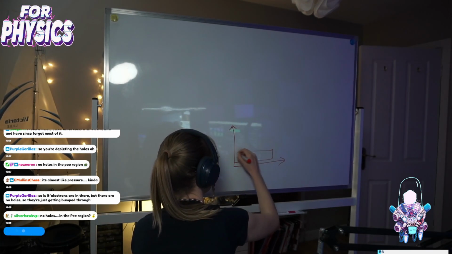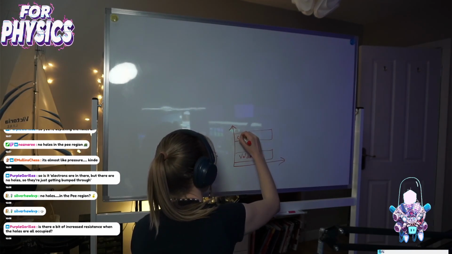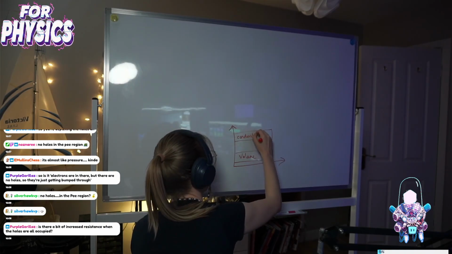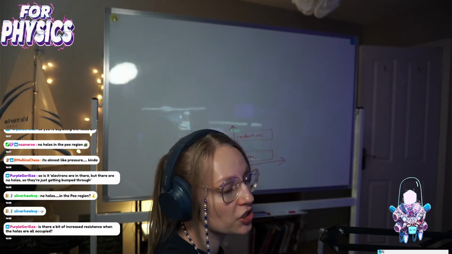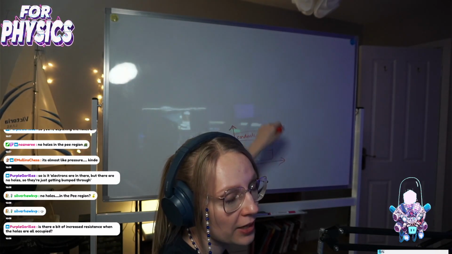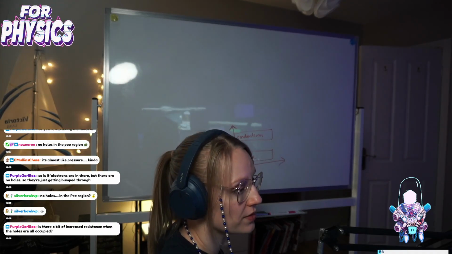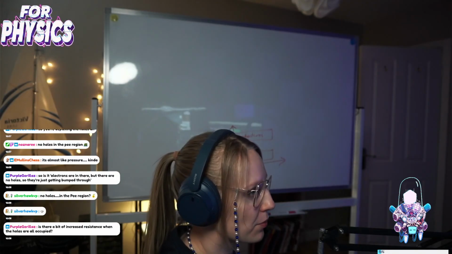So this was the valence, and these are the conduction band. The free electrons are already in the conduction band, and they don't need the energy to get over the barrier like the electron hole ones. I'm so sorry. Maybe I should have covered that a bit more.